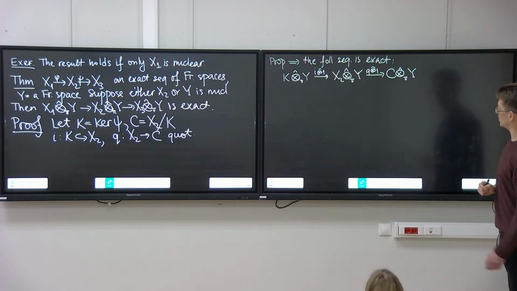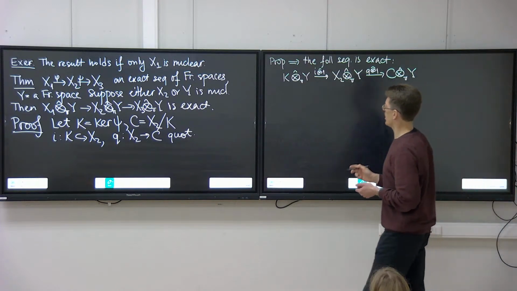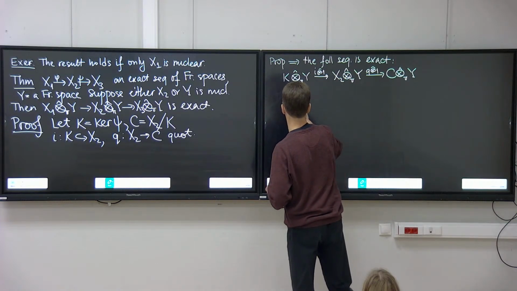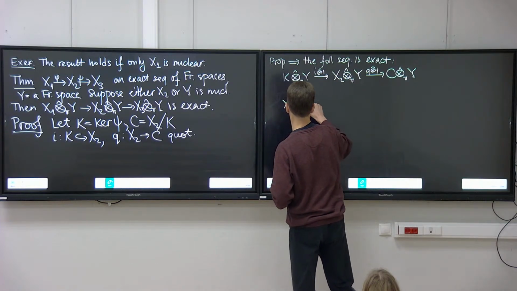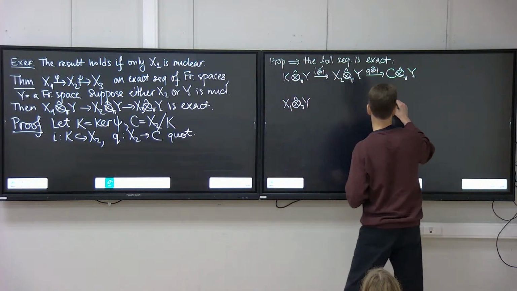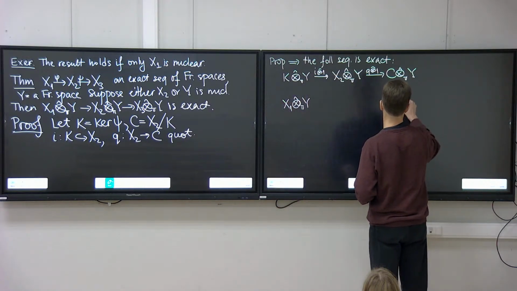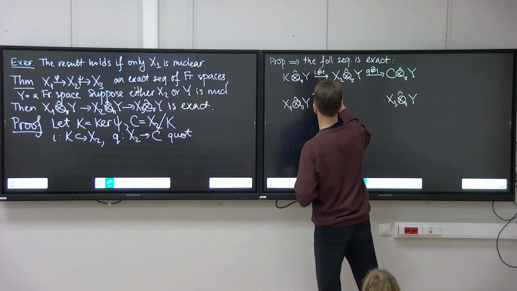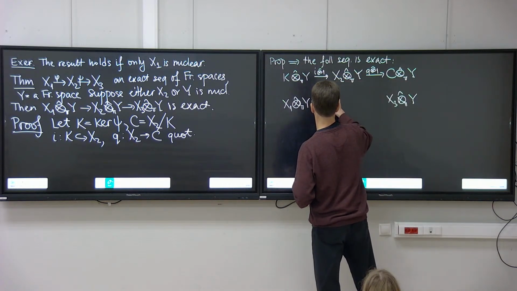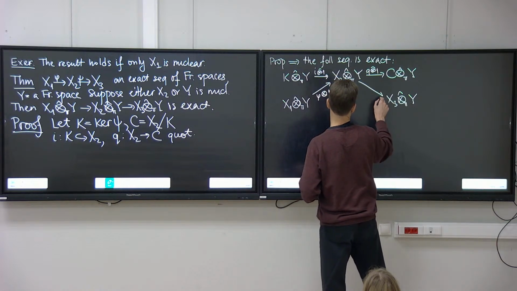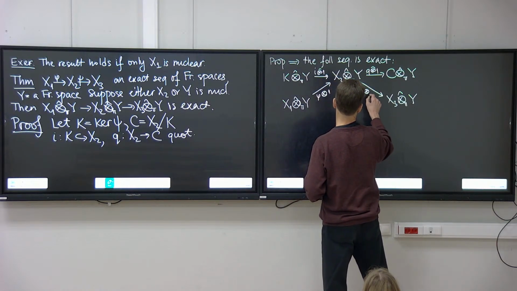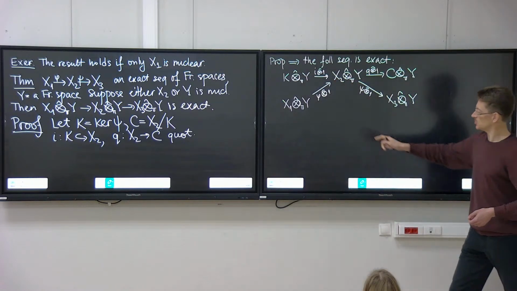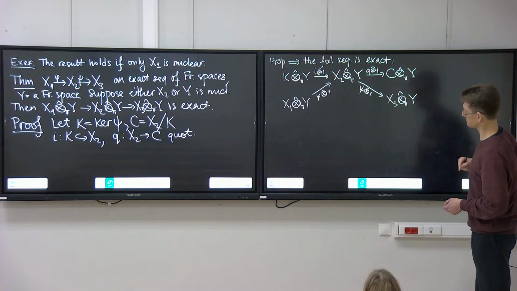But this is not what we want to prove. So how is this sequence related to our sequence? So this is x1 tensor y. This is x3 tensor y. And here we have phi tensor 1 and psi tensor 1. So we want to show that this sequence is exact.